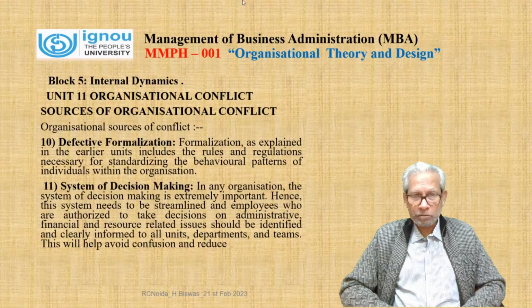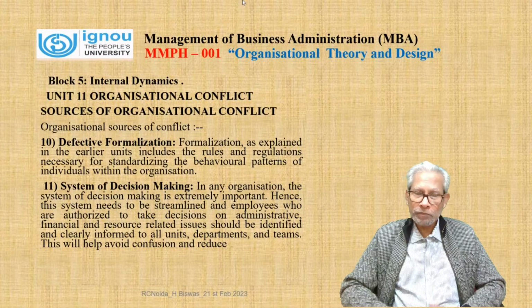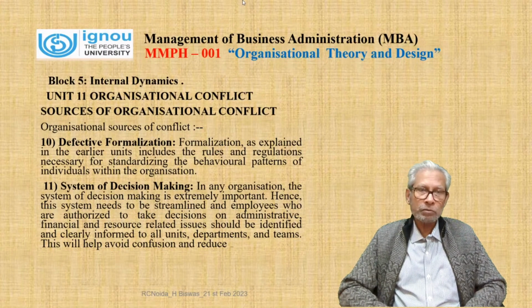Defective formalization. During the formulating of the process, if some defect is there, then again conflict arises. As we have discussed earlier, it includes the rules and regulations necessary for standardizing the behavioral patterns of individuals in the organization, which is very much needed.